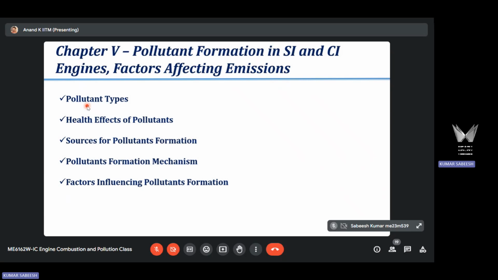It's a good observation. The answer is that you have a non-uniform mixture distribution in diesel engine. In SI engine, everywhere you have a uniform P, you have a uniform T. But in CI engine, overall it is lean, you have excess air. But because of non-uniform mixture distribution, locally you have rich zones. That is the reason you form soot.